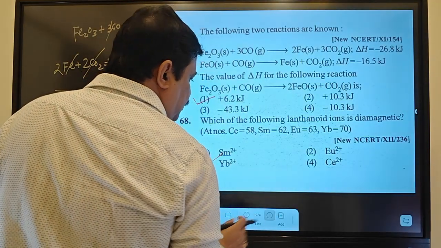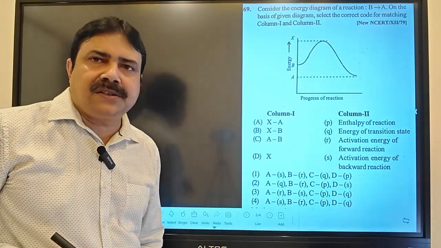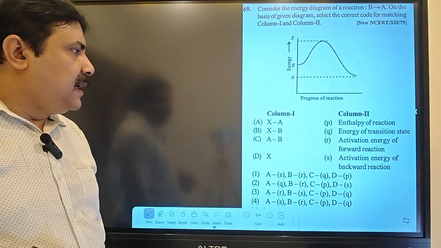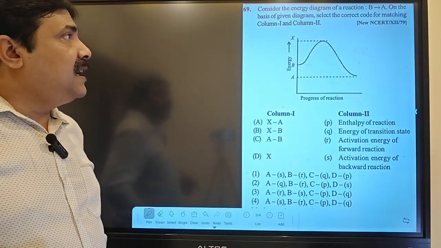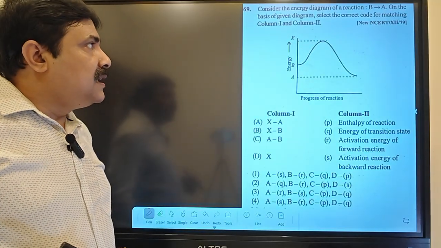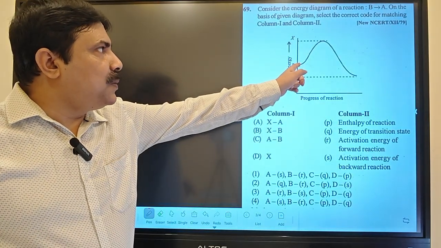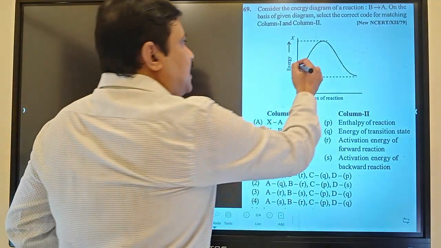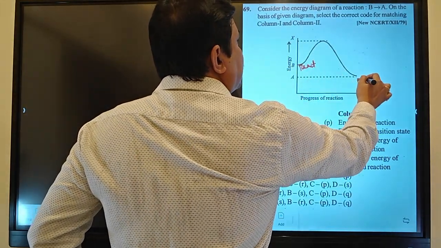In the next question, another fantastic question based on the chemical kinetics chapter. In chemical kinetics, what they give over here is an energy profile diagram based on one reaction. This is the reactant potential energy, and this is the product potential energy level.